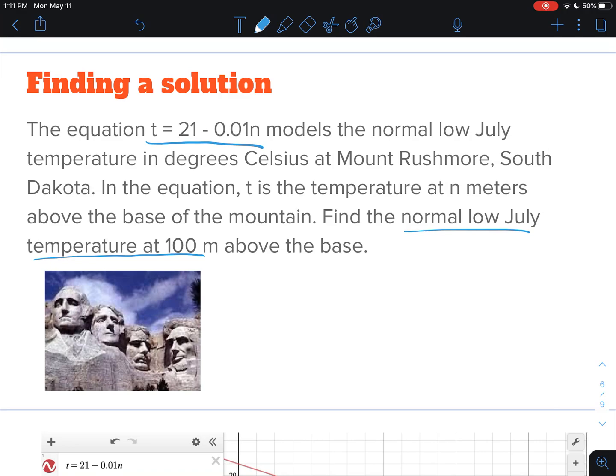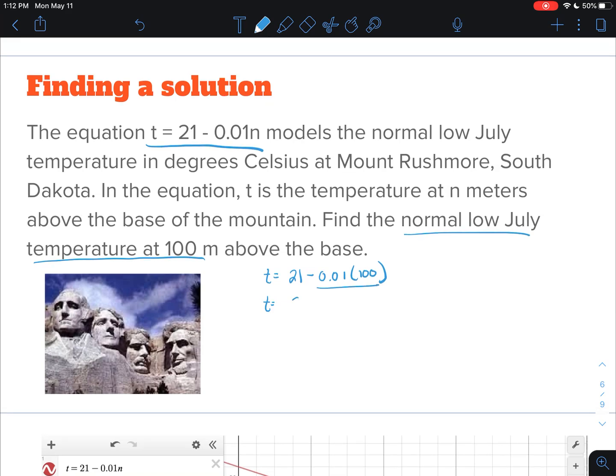So we're going to find the normal low July temperature at 100 meters above the base. So it's above, so it's going to be positive. So the temperature would be 21 minus 0.01 times 100. I can simplify that. So 21 minus, that would be 1 because I moved the decimal twice.